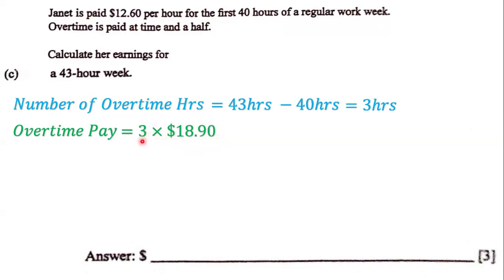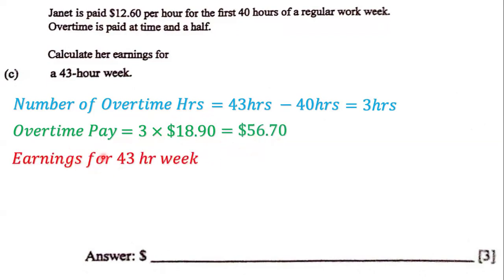So 3, because it's 3 hours of overtime, and $18.90 because that's her hourly rate for overtime. And so we have 3 multiplied by $18.90, and that gives us $56.70. That's our overtime pay.